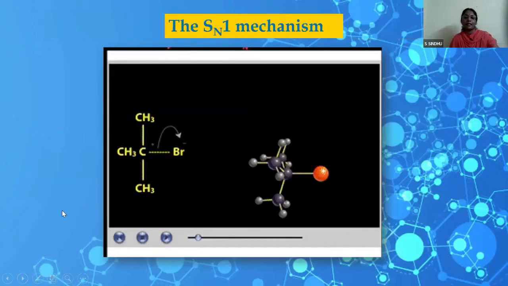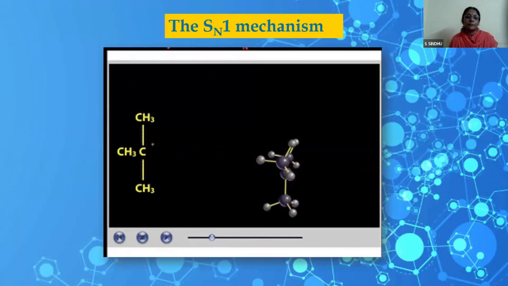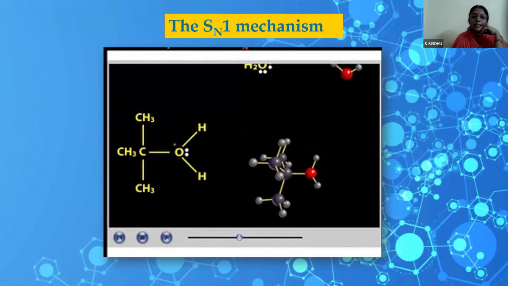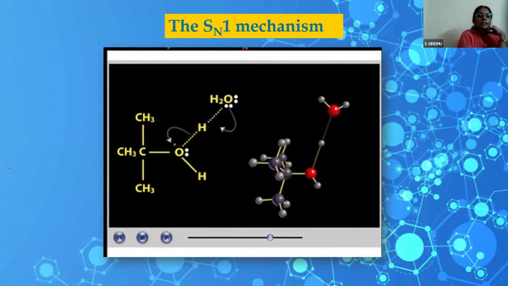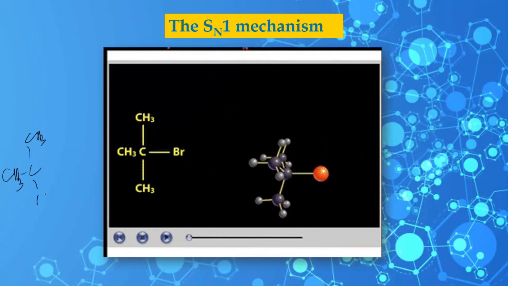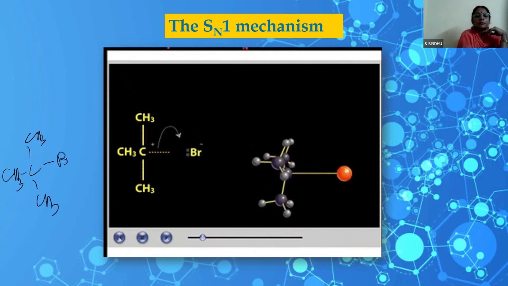Now I have this mechanism also. See, teachers, bromine leaving, water molecule attacking, and then a proton moving out. So this is how the mechanism goes. CH3 thrice C, a tertiary bromo compound.